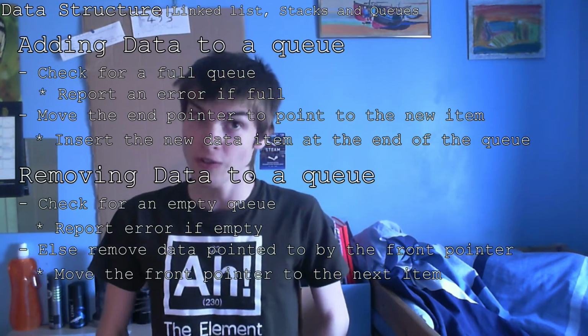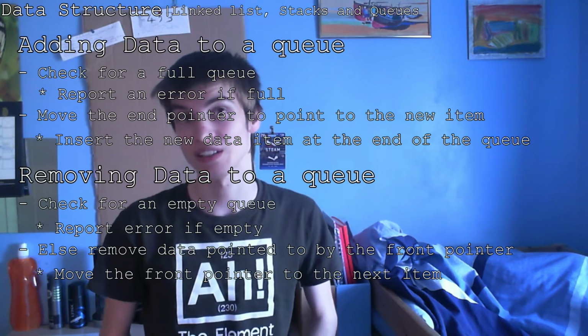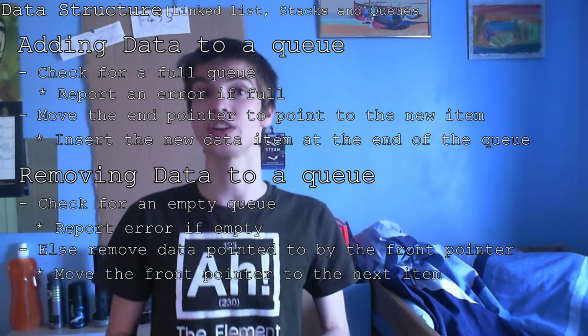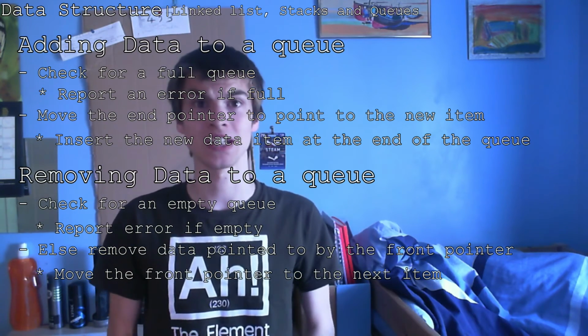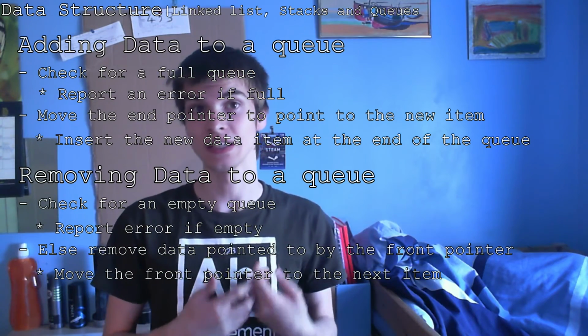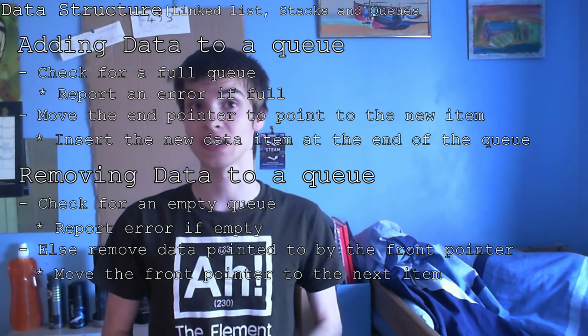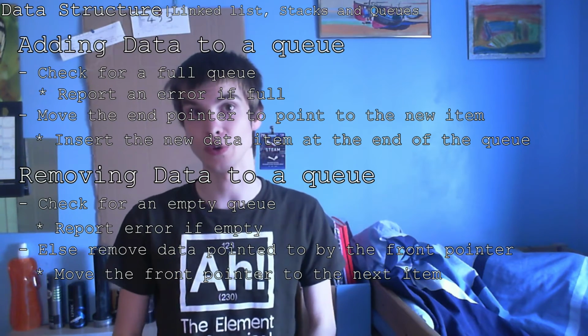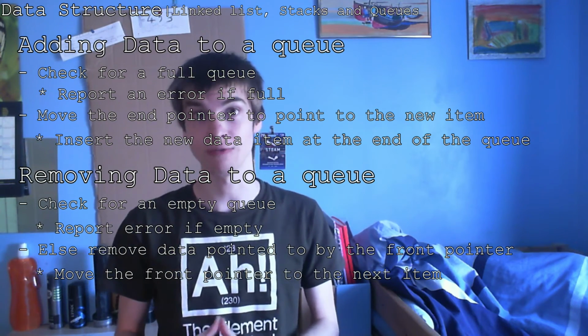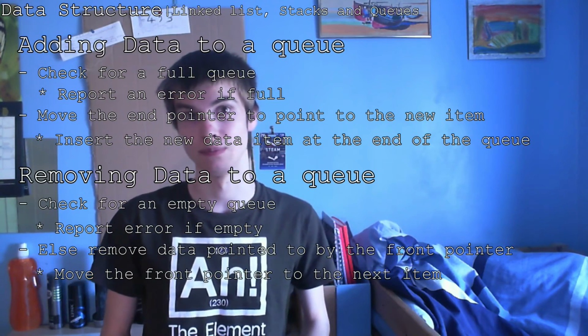When you want to remove a piece of data, it checks to see if the queue is empty. If it is empty, then it reports an error. If it is not empty, then it removes the data which is pointed to by the front pointer. It then moves the front pointer to the next item.